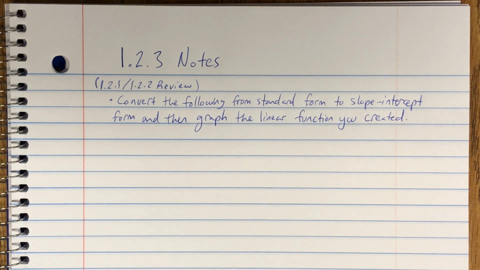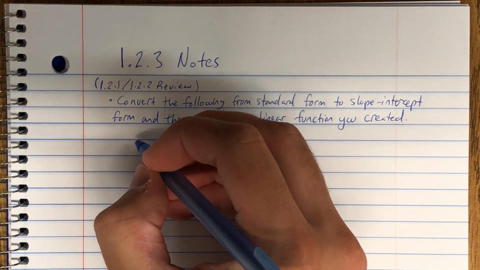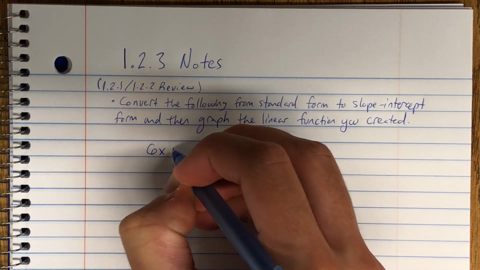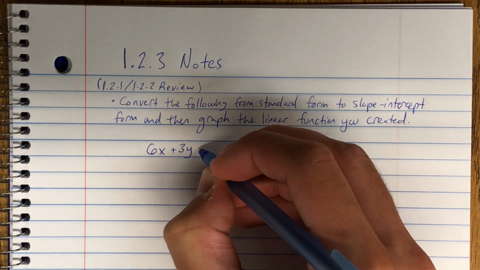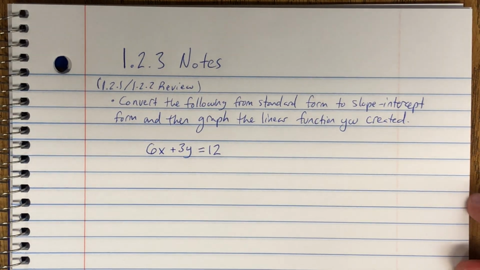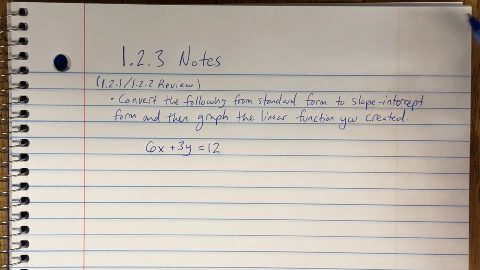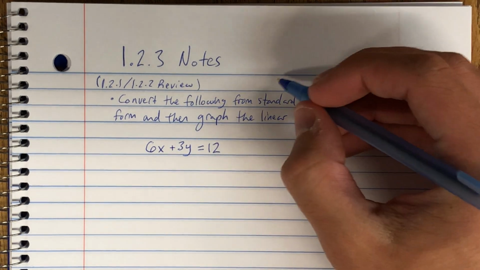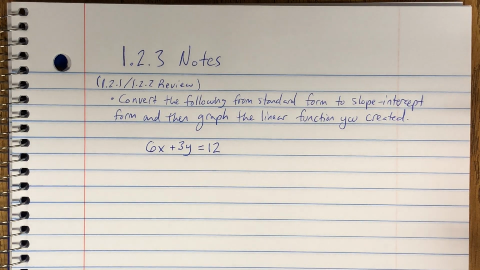So we are converting from standard to slope-intercept form, and our function we're using is 6x plus 3y equals 12. So our goal: convert from standard form, which is ax plus by equals c, to slope-intercept form, which is y equals mx plus b, and then graph it.